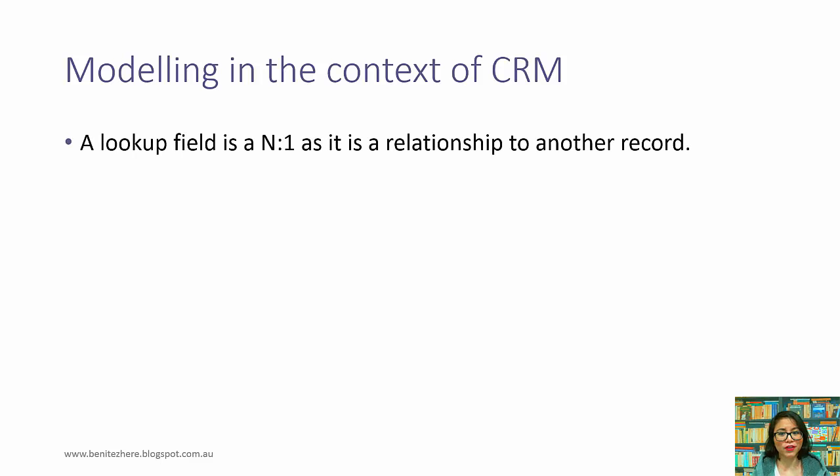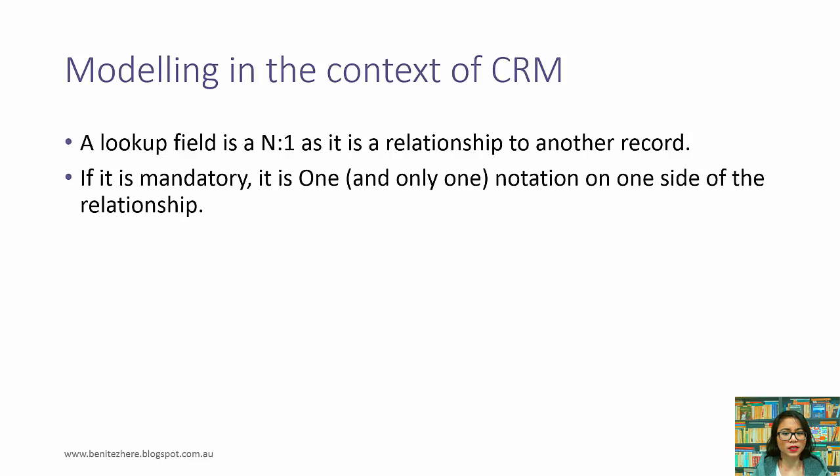If you think about it, a lookup field is a many-to-one, as it is a relationship from one record to another. If it is mandatory, then the cardinality and ordinality on one side of the relationship is one and only one.